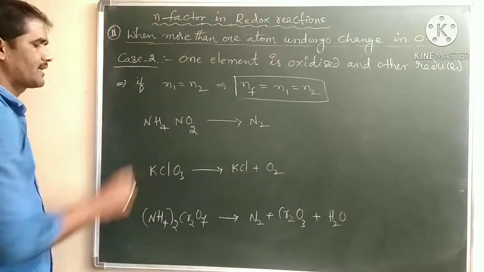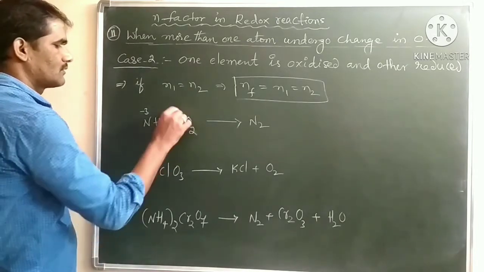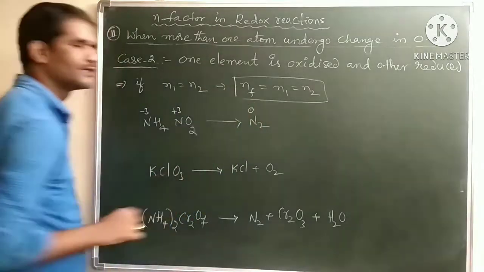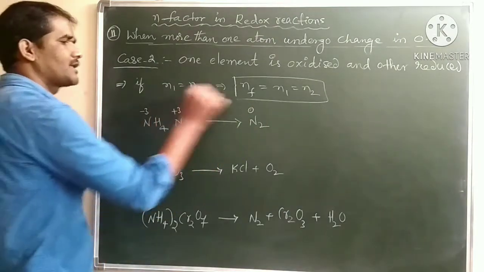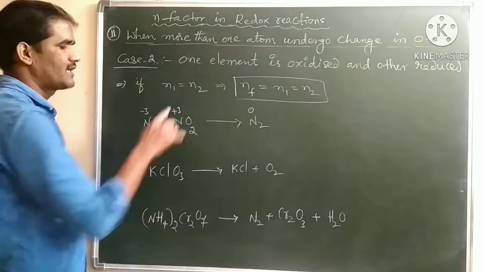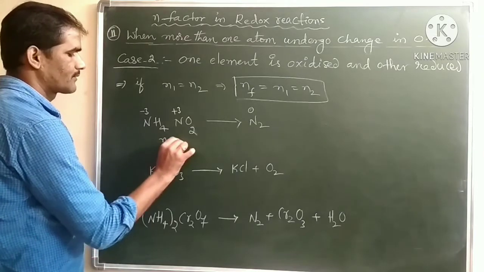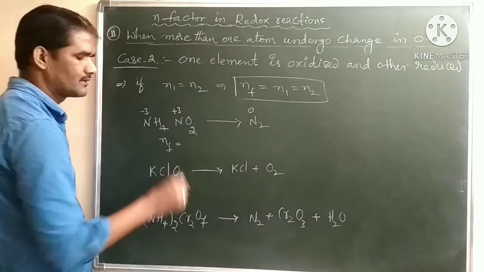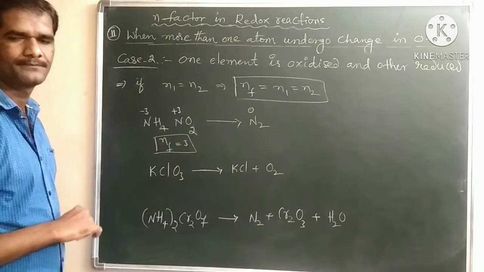Now see here, examples again. In ammonium, this is -3, NO2 here +3, then nitrogen 0. The change again -3 to 0, +3 to 0. So overall one is decreasing in oxidation state, one is increasing in oxidation state, but both are the same. So resultant n factor, what is the change? -3 to 0, 3, or +3 to 0, 3. So resultant n factor is equal to 3 for this ammonium nitrite.